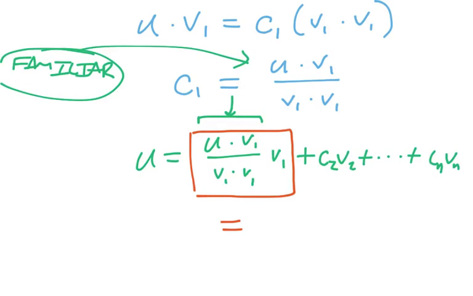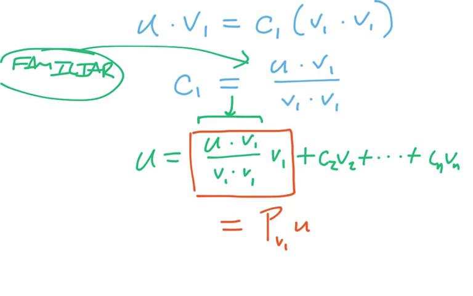So hopefully, if you thought about it, this thing is precisely the projection onto V1 of u. It's the orthogonal projection onto the first basis vector of this arbitrary vector that you started with in space. And I mean, this is awesome, right?